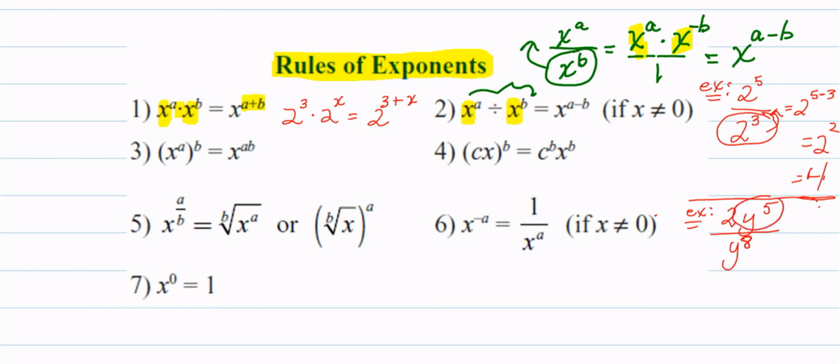If we want to cross the 5 exponent down to the denominator, here's what happens. That 2 is really not even involved in the drama of the y's, so it just gets carried along. Leave it where it is. Don't try to change it. So 2.